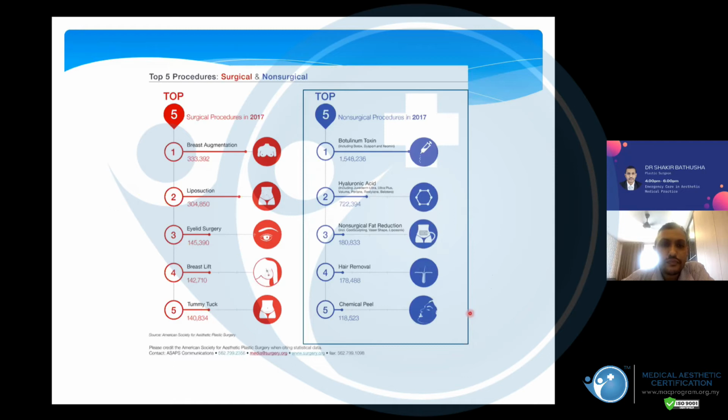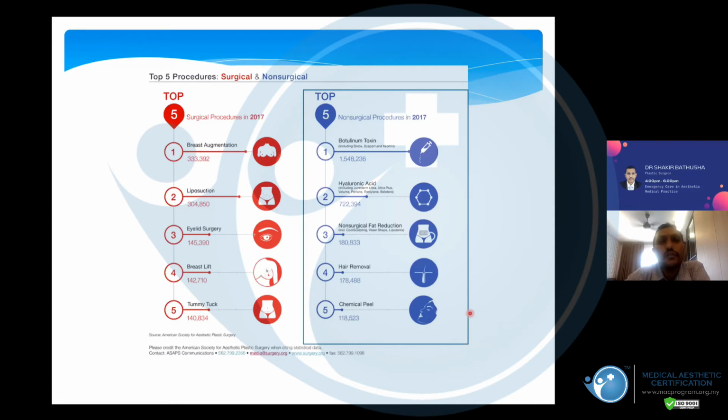Let's look at the common or highly sought after surgical and non-surgical procedures. This is research based on the American Society of Aesthetic Plastic Surgery, with data from 2017, just 5 years ago.